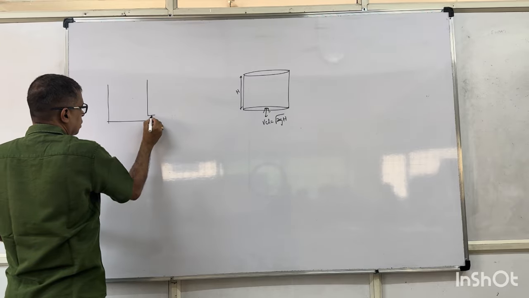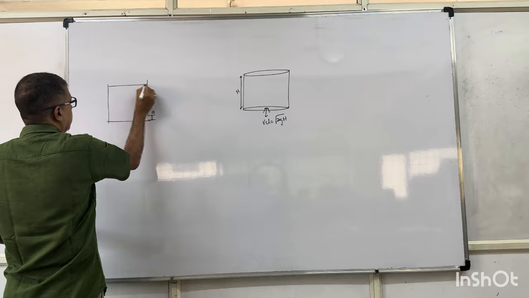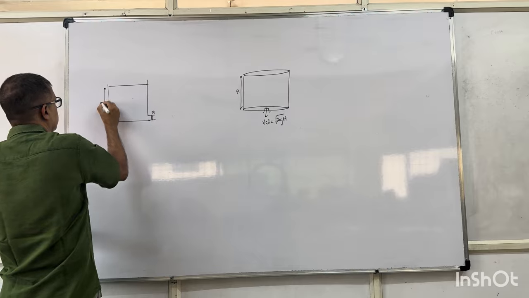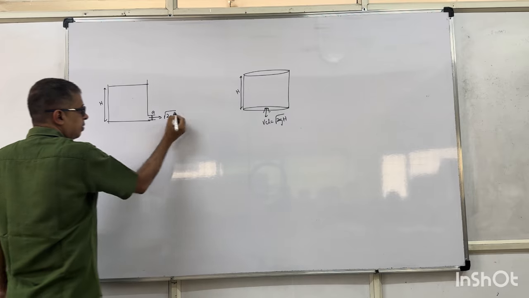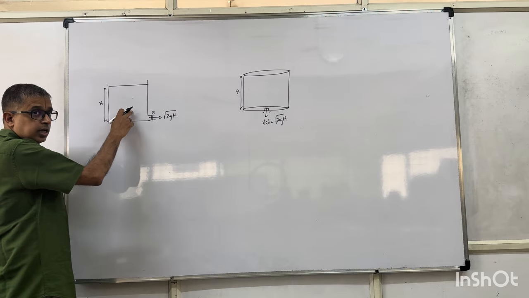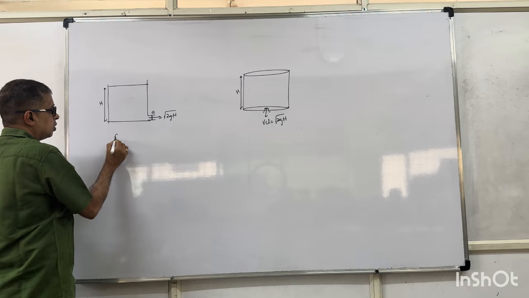Suppose I have got this as small a and I have got height to be capital H. The velocity is root over of 2g capital H with respect to the container. So thrust force will be equal to Vr dm by dt.